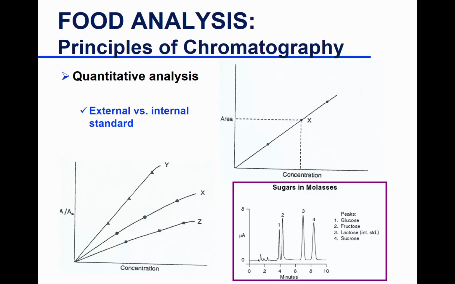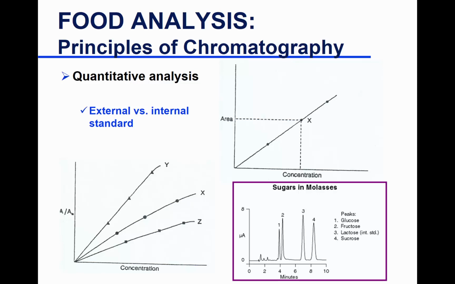Why do we add an internal standard? The benefit of an internal standard is that when you're preparing your sample, some of you today did the GC analysis, and you saw how you prepare free fatty acids, and it has a lot of steps. That means there's a lot of chances of error during sample preparation.